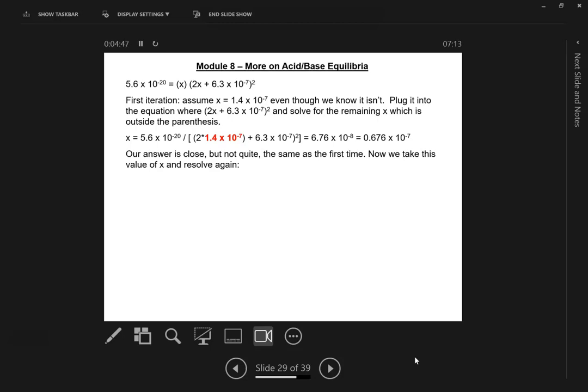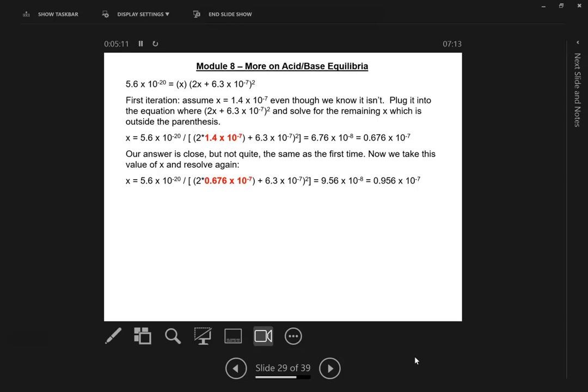Now I take this second value of x, and I solve this problem again. Now I've rewritten it. We solve for the value of x, 5.6 times 10 to the minus 20th, our KSP, divided by our new quotient, our new value of x that we're going to use.